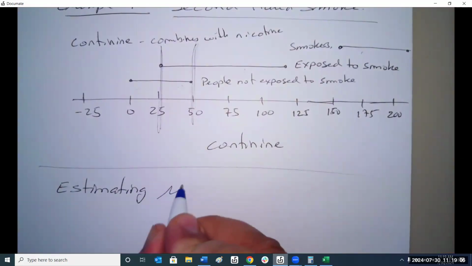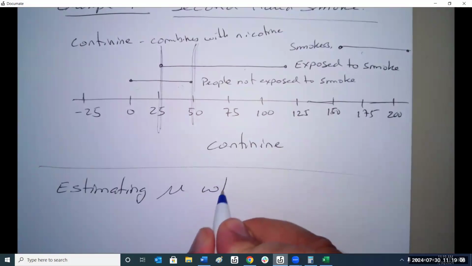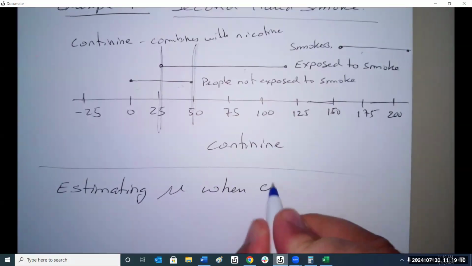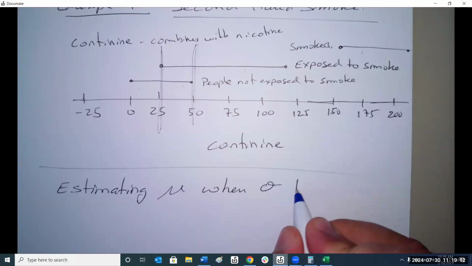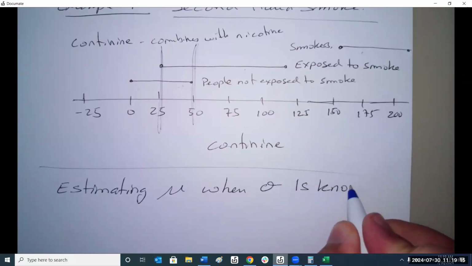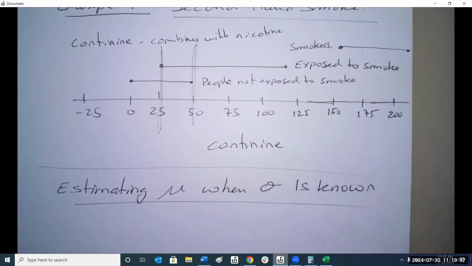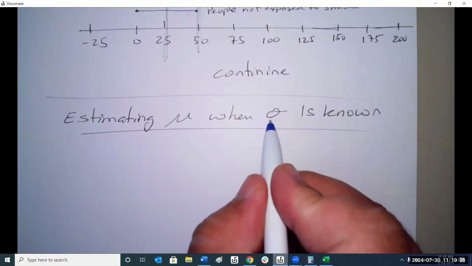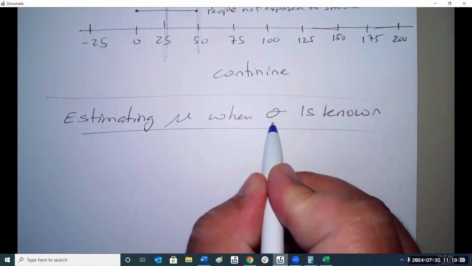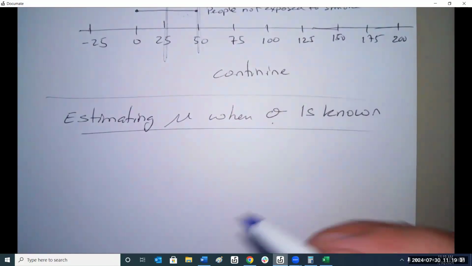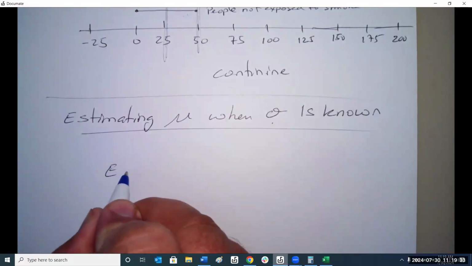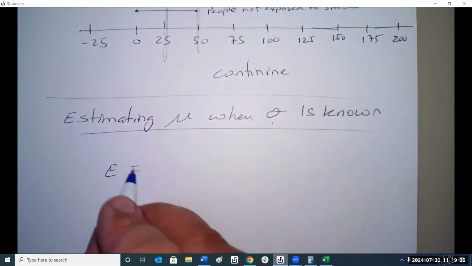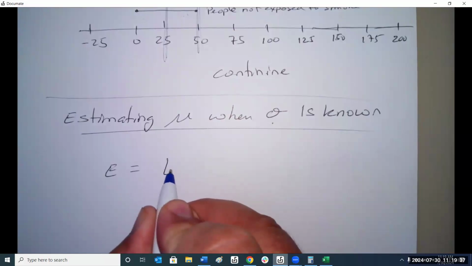Estimating mu when the standard deviation is known. So now, if we know the population standard deviation, these are going to be a lot easier to calculate. Our error is going to be the same.